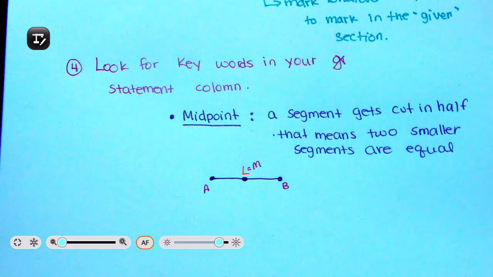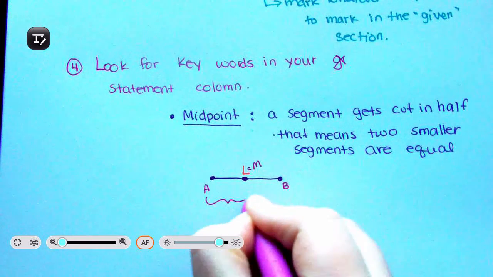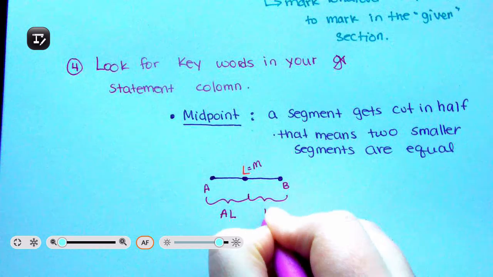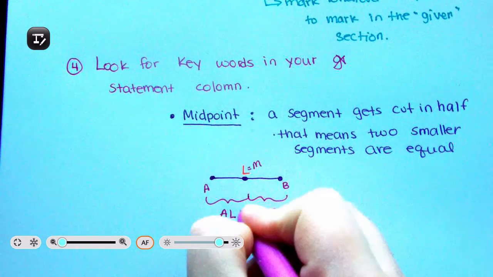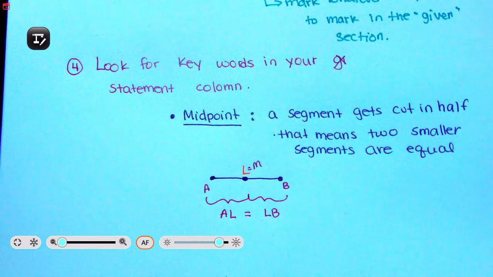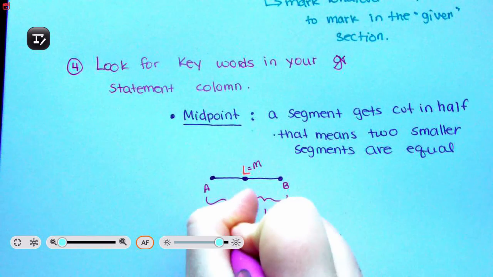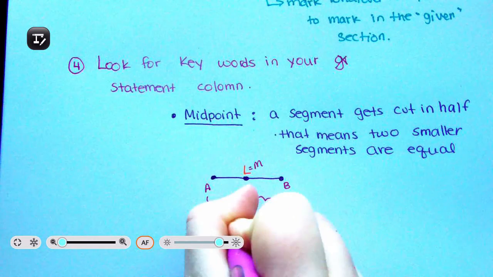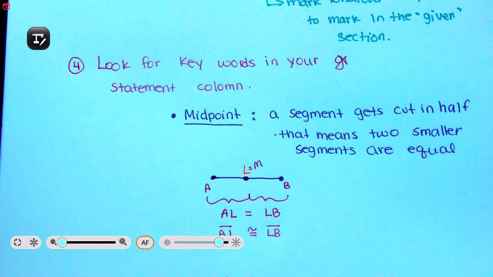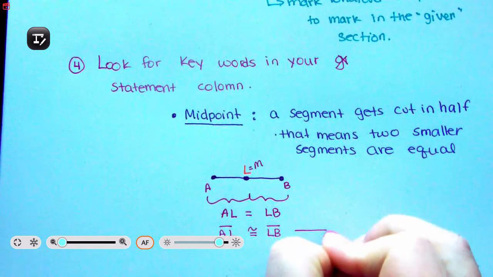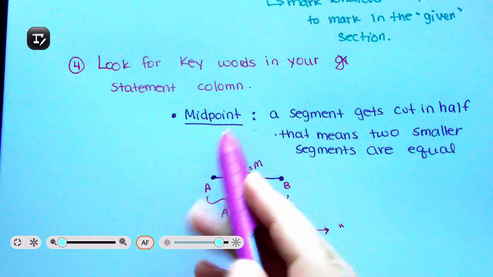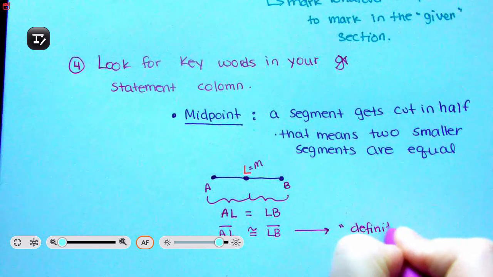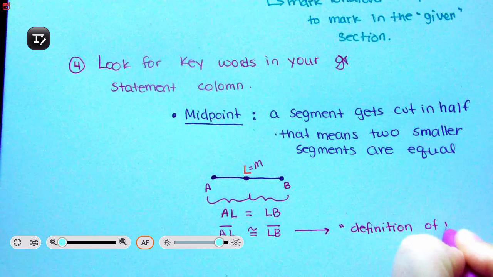That means that A and L and B are equal in measure, which means that segment AL and segment LB are congruent. And how do you know that? Because of this keyword, you're going to write definition of midpoint.